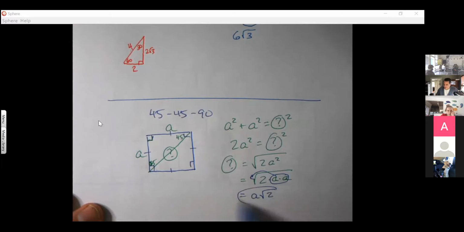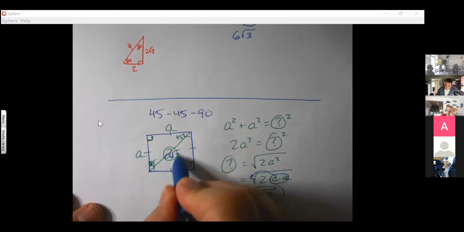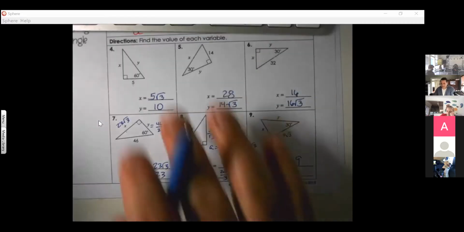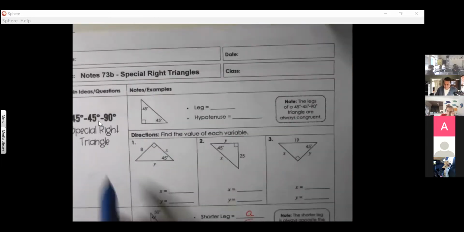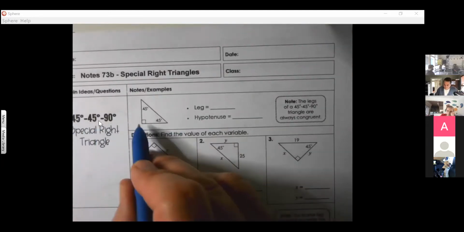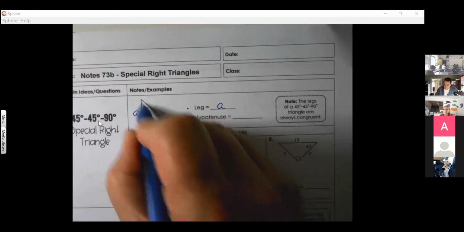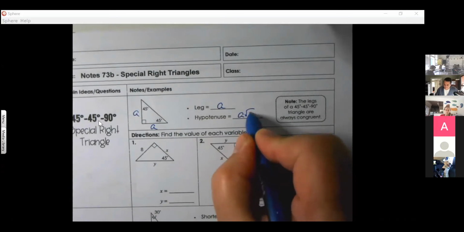And what we get is that that diagonal is going to be a root 2 every single time. So this is the top part of our notes here. It says that in a 45, 45 special right triangle, if the legs are a, then the hypotenuse is going to be a root 2.